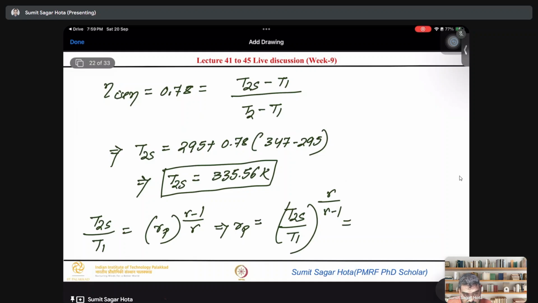Okay, so substitute the value and find out the value of RP. 335.56 by T1 is 295. So RP is 1.56.